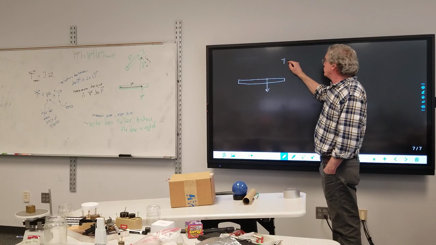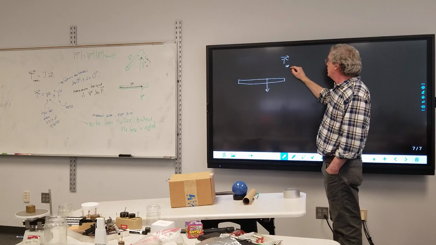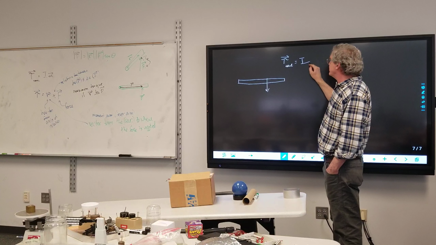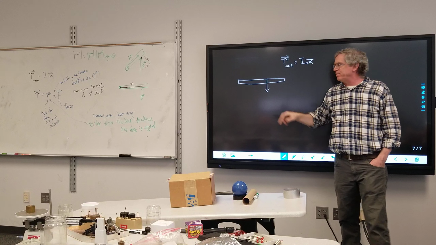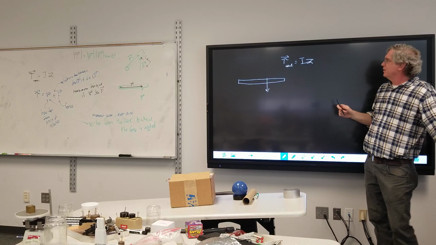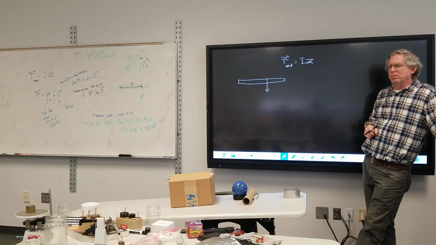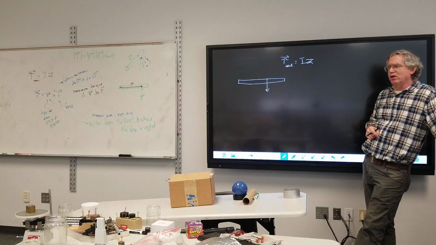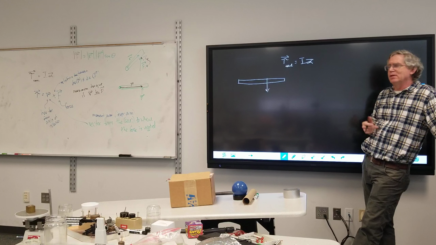I know that the total torque is equal to I times alpha. Well, if this is not rotating, what is alpha? It's not rotating at all, just sitting there. 0.